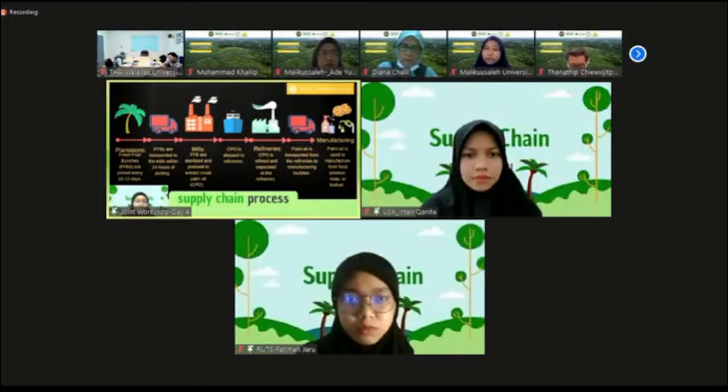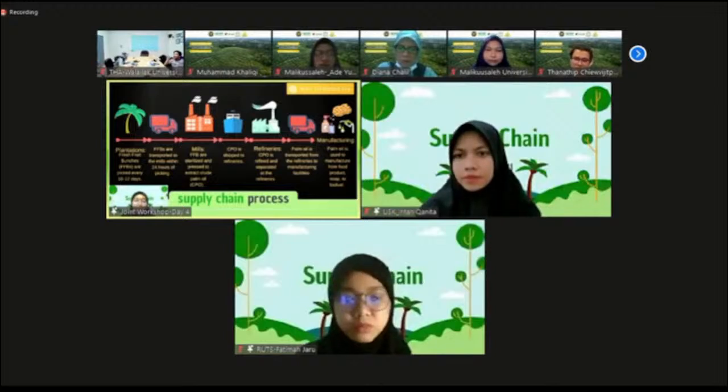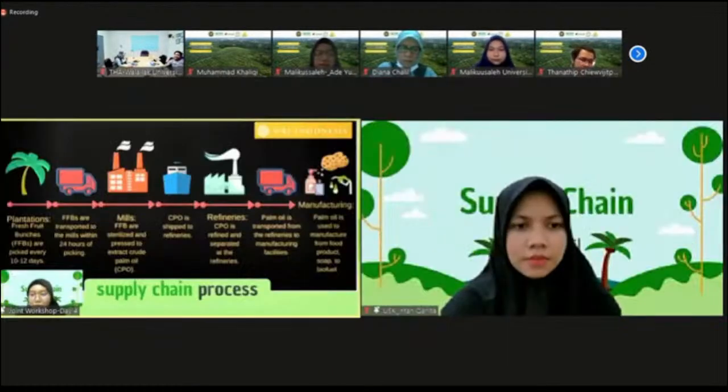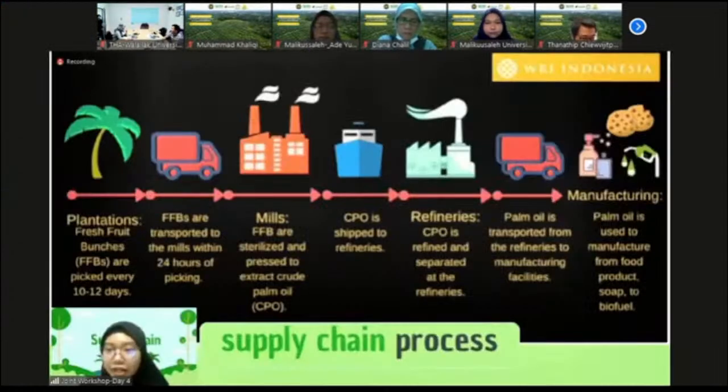In the mill, the workers will steam the fruits and press them so it will produce crude palm oil extract, or we call it CPO. One piece of palm fruit consists of 50% oil, and the palm oil will be distributed to the refinery, and the palm kernels will be distributed to the crushing plant.